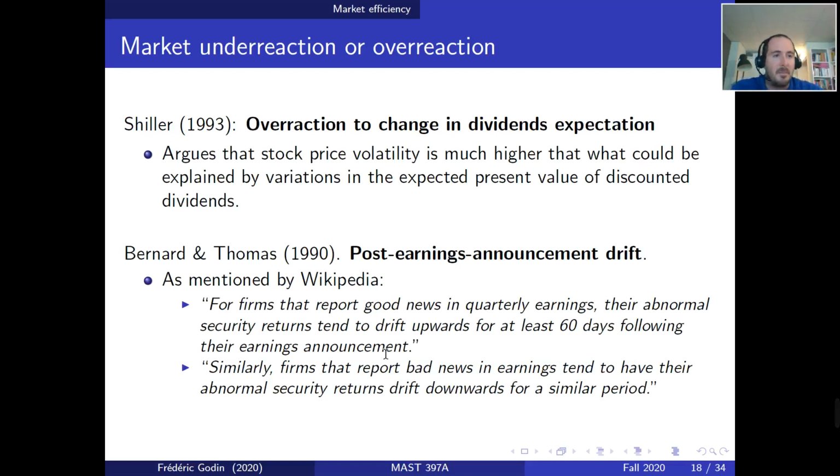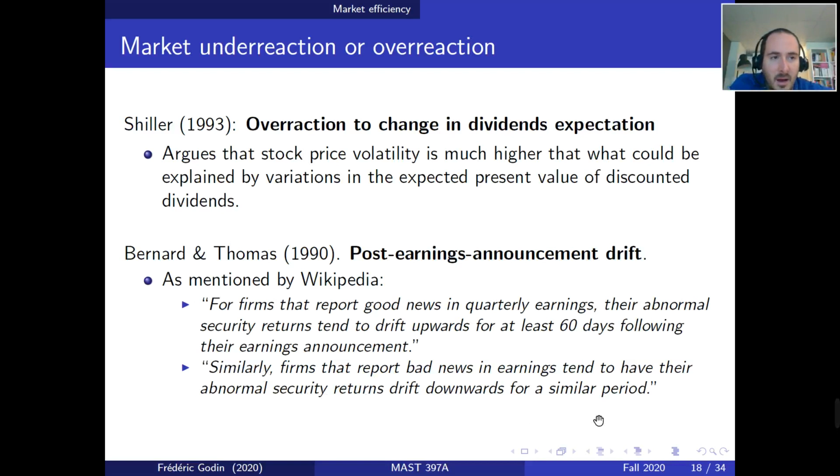And this is incompatible with the semi-strong form of EMH, because if the latter held, then as soon as good earnings were announced, there should have been a sudden change of the stock price and then subsequent random walk movements. So there's no predictable pattern exploitable by investors in that case.